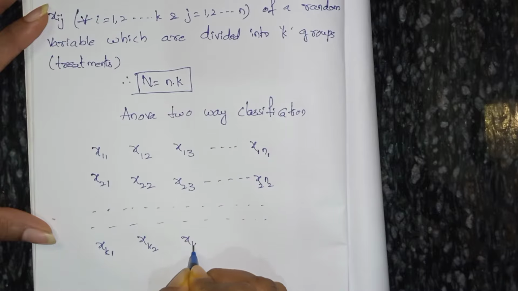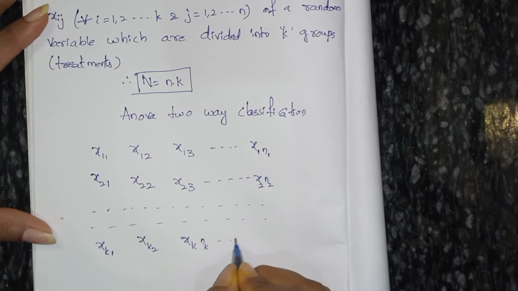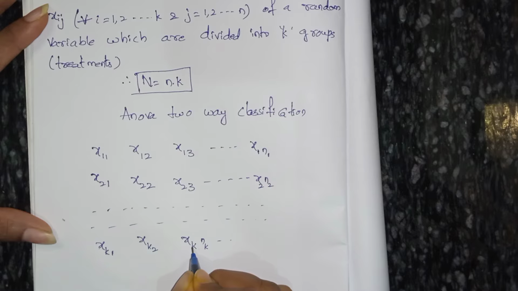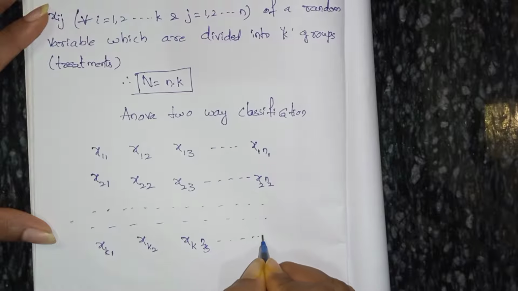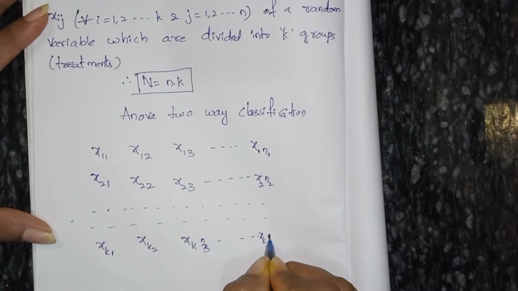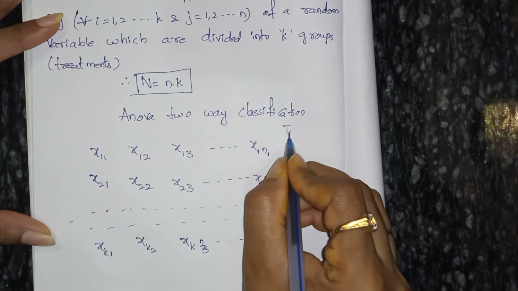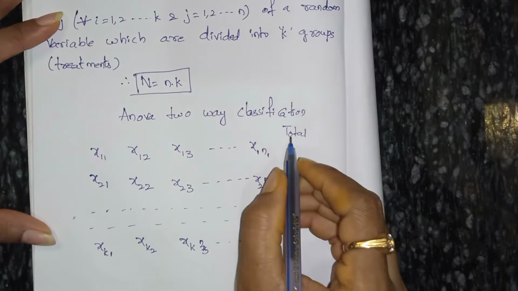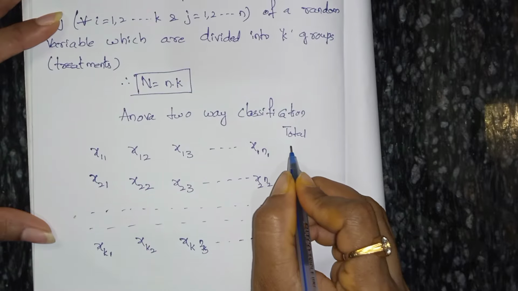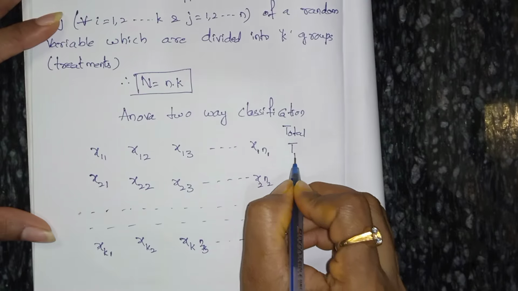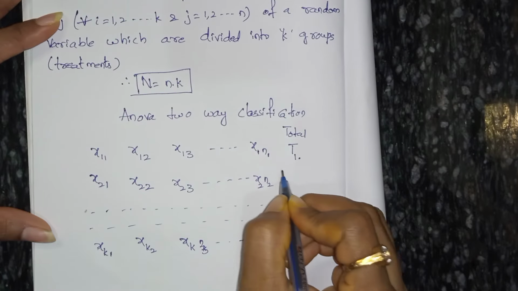So next xk3 and so on. At last we can write xknk. Next, total. Here total t1 dot.